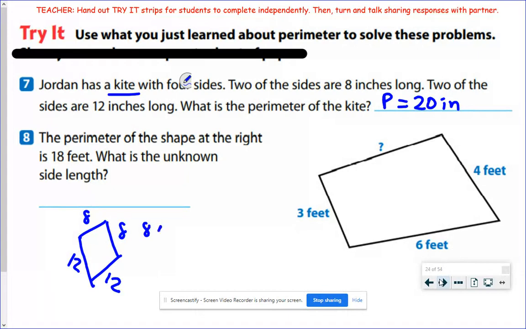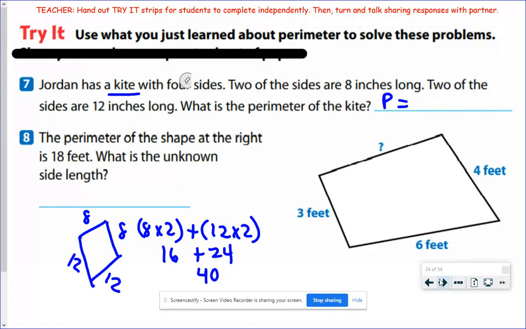The student in class did it by multiplying 8 two times and 12 two times. Did I do that right? Okay, I put the wrong one over here. I was only adding the one side, so it is 40 inches. You have to have all 4 numbers added together.